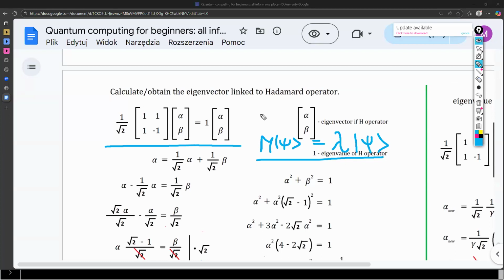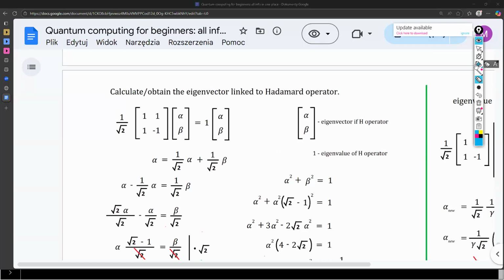Since M and lambda are known, here my eigenvalue is expressed clearly as 1. Usually we would skip it, but here I put it in as a known value.